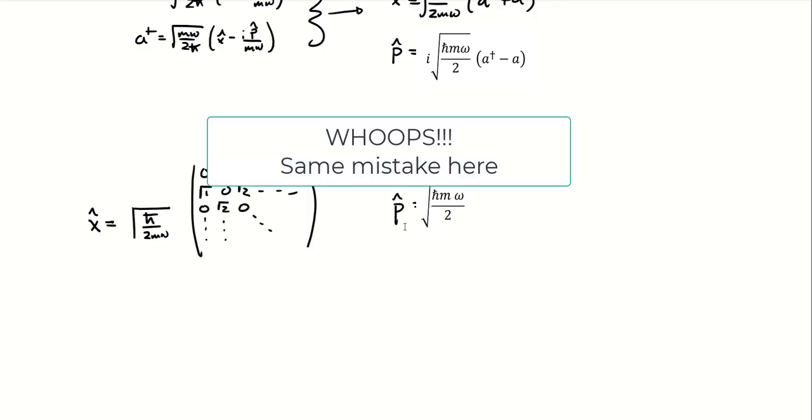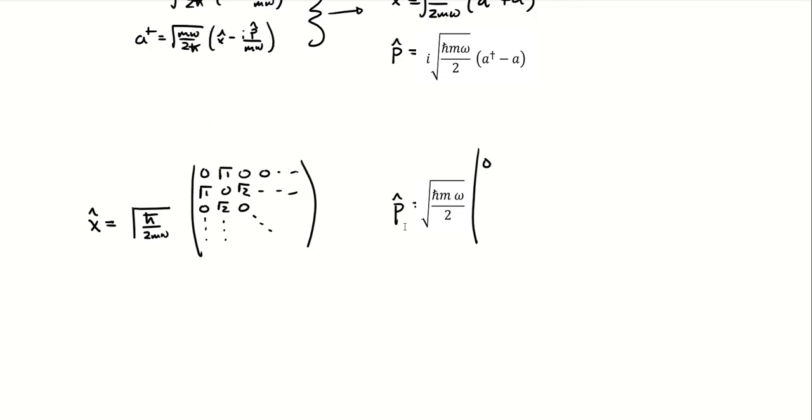And our momentum operator is similarly 0 along the diagonal. It has this negative i root 1, i root 1, 0.